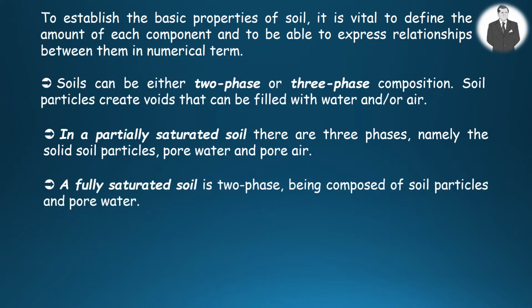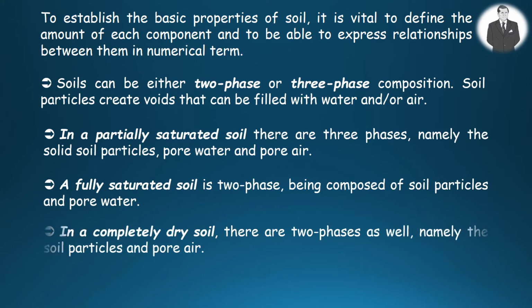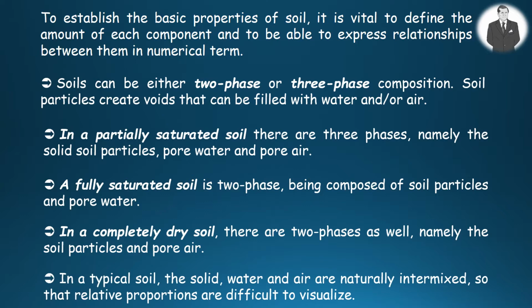A fully saturated soil is a two-phase configuration including soil particles and pore water. In a completely dry soil, there are two phases as well, namely the solid particles and pore air.